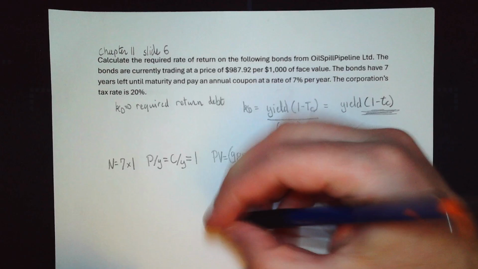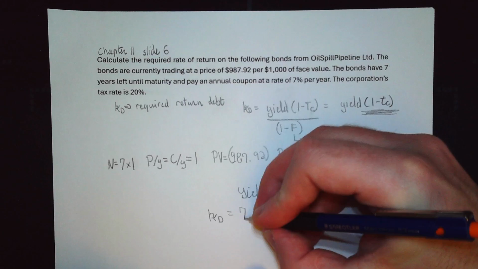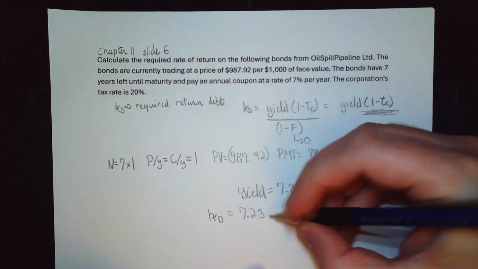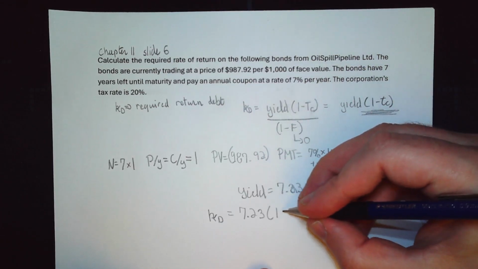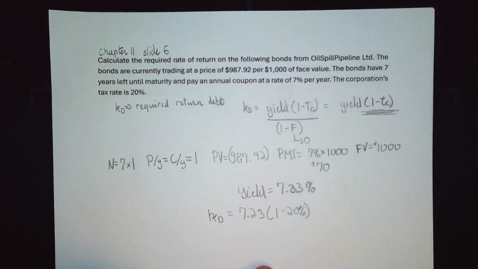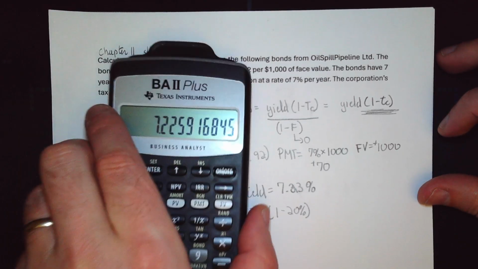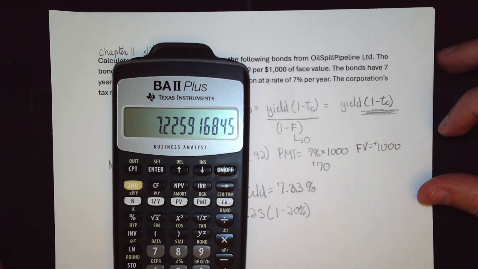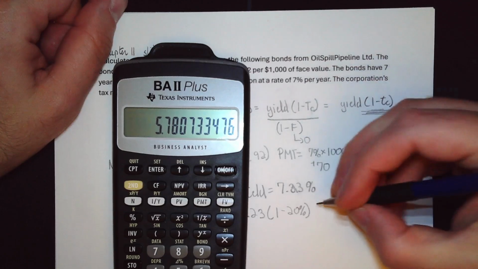So the required return, or KD, is just going to be my yield multiplied by 1 minus my tax rate. In this case, the tax rate is 20%. So it's going to be 7.23 times 0.8. Again, I would prefer to use the stored number here, times 0.8, and we get the final answer.